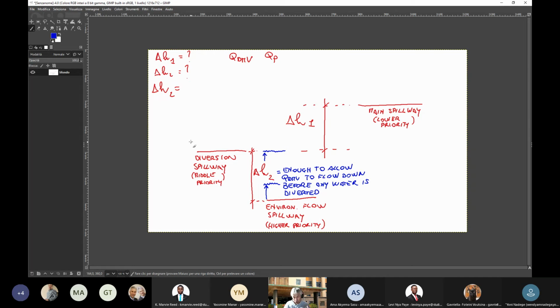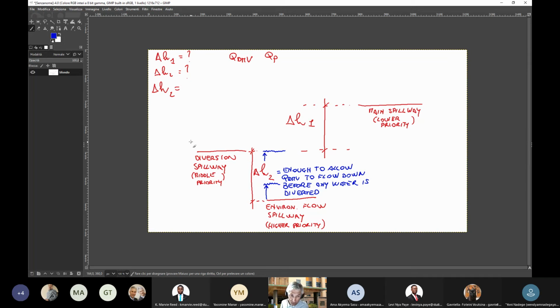You have activation of the diversion spillway. But this activation cannot happen until you are releasing a flow that is equal to the environmental flow. So basically, this delta H2 is to be determined in a way that when the water level reaches the value of delta H2, then you have to impose that you have the environmental flow spillway flowing, releasing enough water downstream.